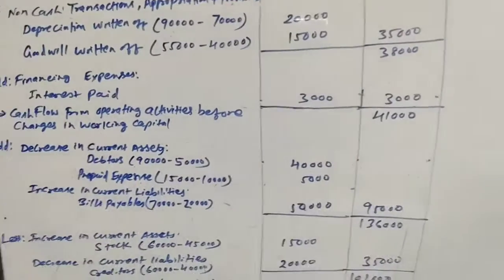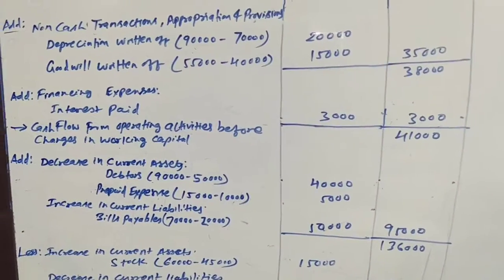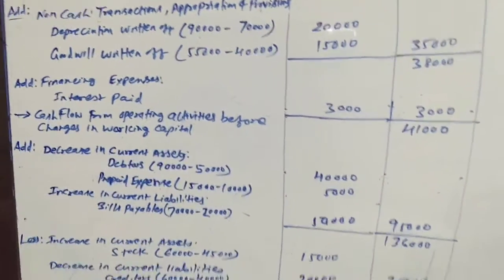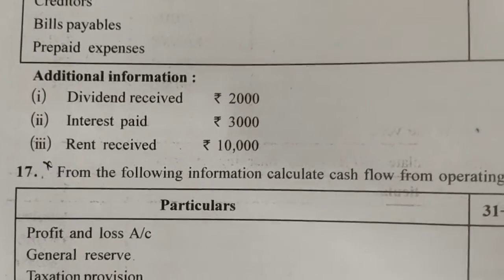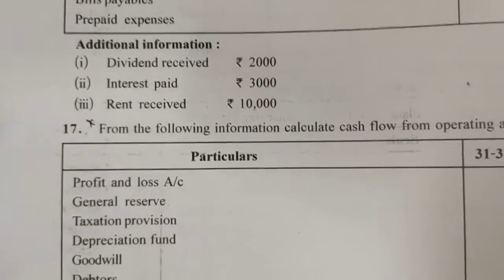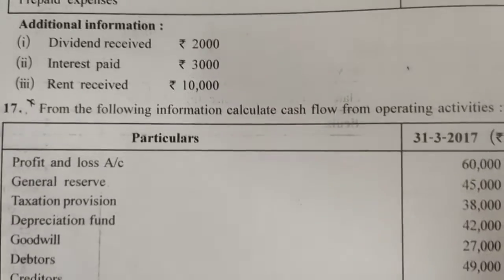Now friends, we will add the financial expenses if any. We have seen in additional information that there is a financial expense, interest paid rupees 3,000. This we have to add back to the profit as it is not operating.